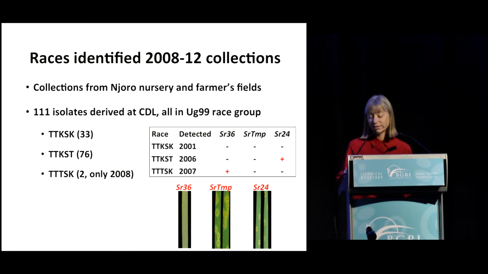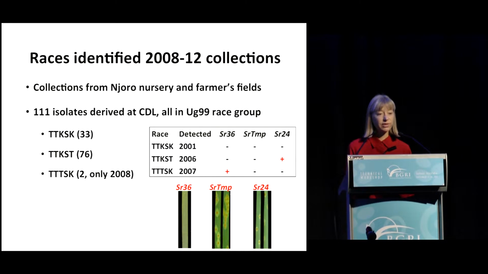Returning now to the races identified between 2008 and 2012, the summary table shows the 3 races along with the first year of detection in Kenya and differences in virulence. As I described before, TTKSK is avirulent on Sr36, Tmp, and 24.